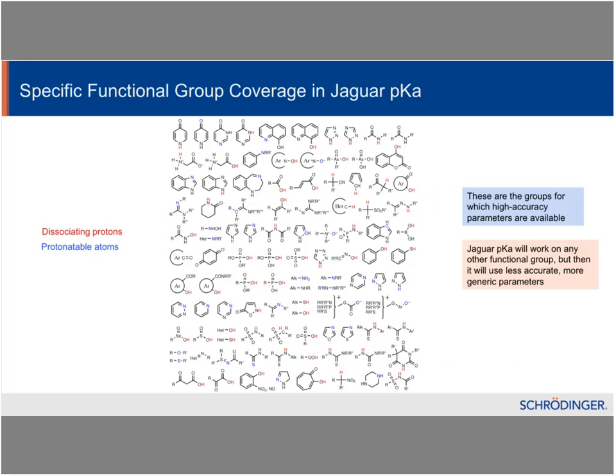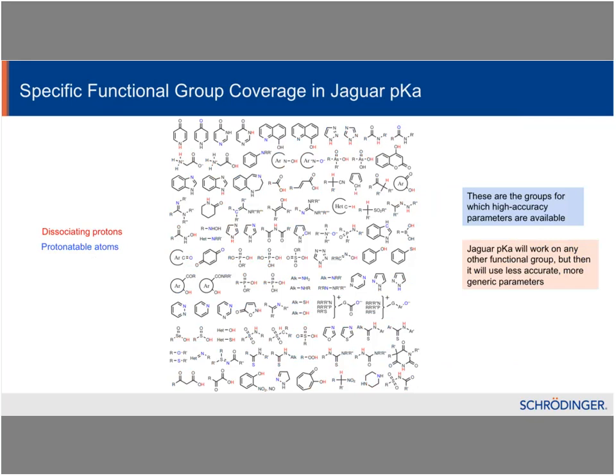There is a set of functional groups that are currently available in Jaguar pKa, which are covered. So if your compound belongs to one of these functional groups, or has one of the functional groups that are represented here, then we have high quality parameters for these functional groups. But what if it doesn't? Then we approximate the parameters on the fly.